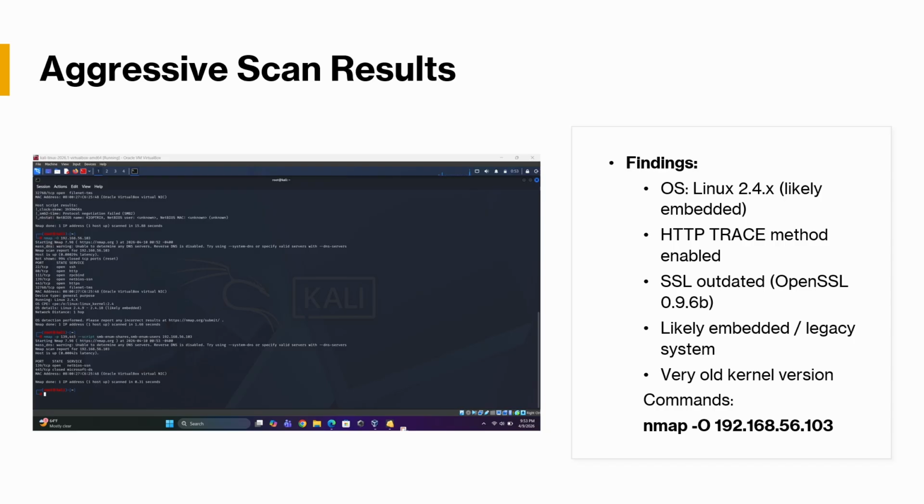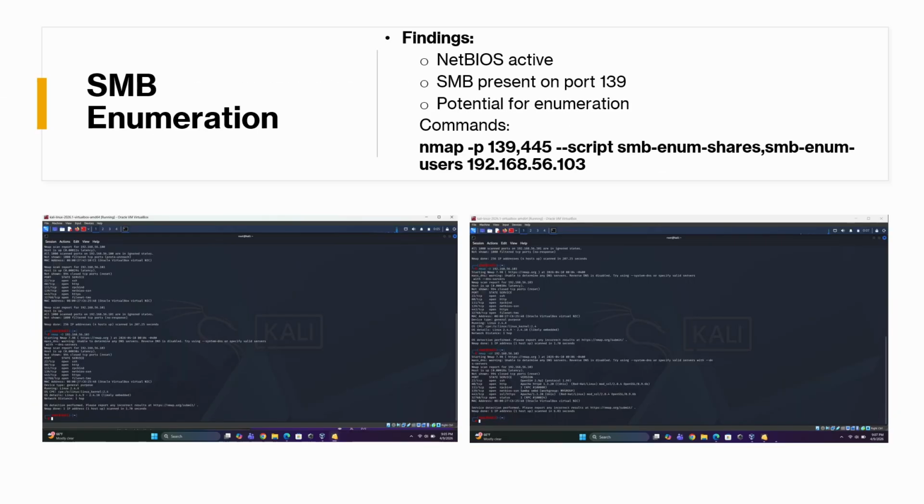Attackers can leverage publicly available exploits targeting this kernel version to gain root access. From a security perspective, outdated operating systems dramatically increase risk because they no longer receive security patches.